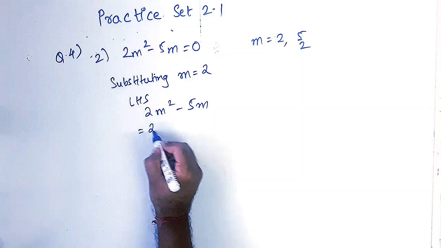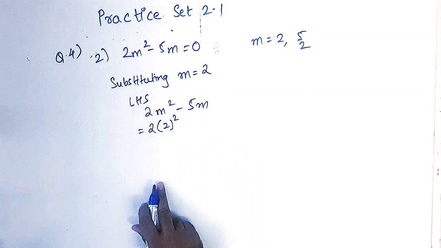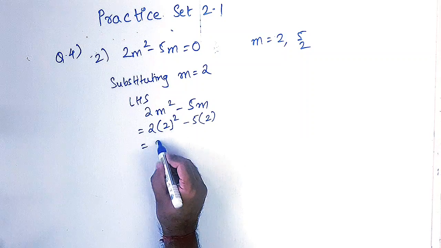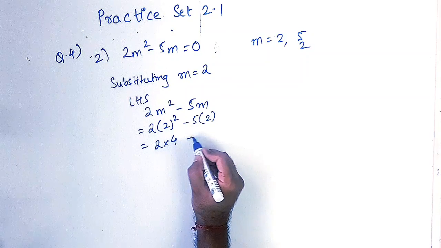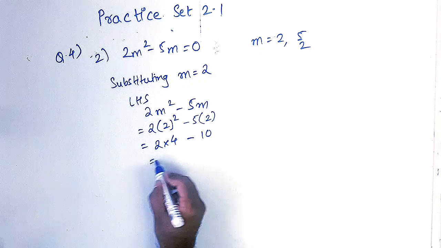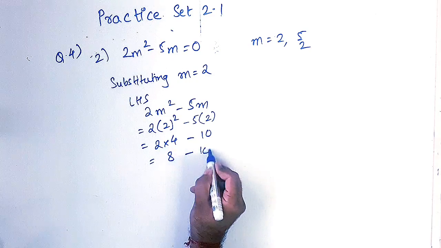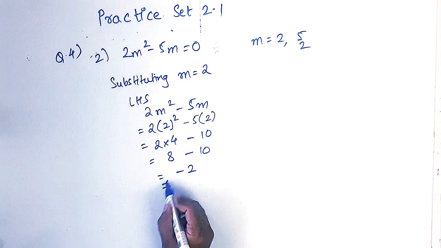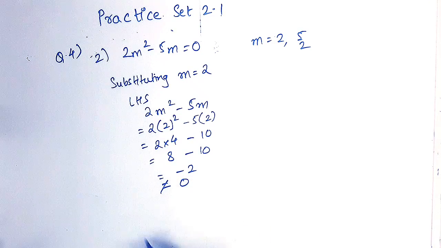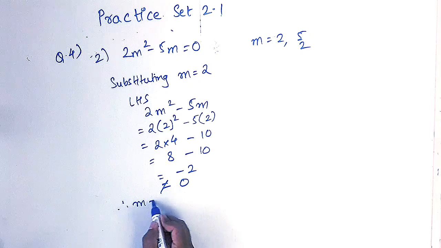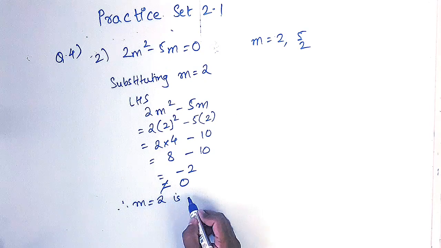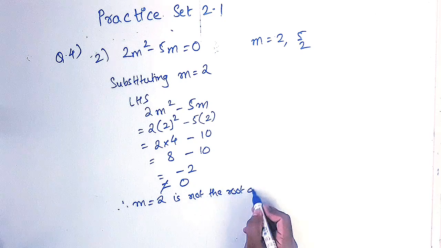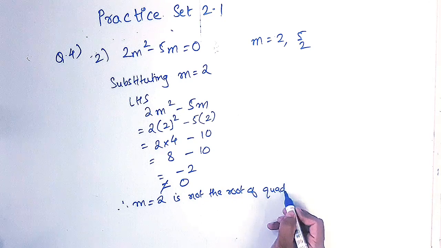Because m is 2, I'll write 2 square minus 5 into 2. This becomes 2 into 4 minus 10. So this is 8 minus 10, which is equal to minus 2, which is not equal to 0. So we'll write, therefore m equals to 2 is not the root of the quadratic equation.